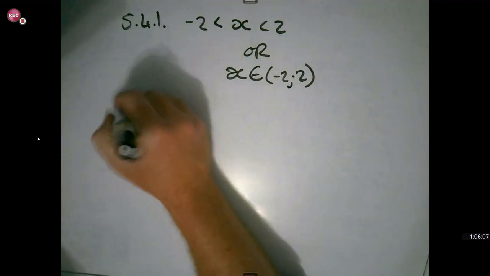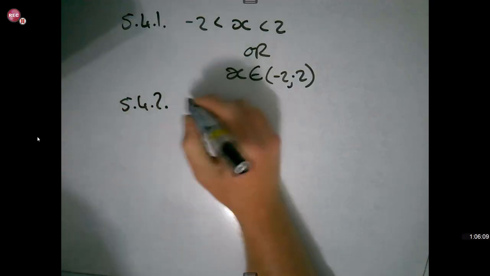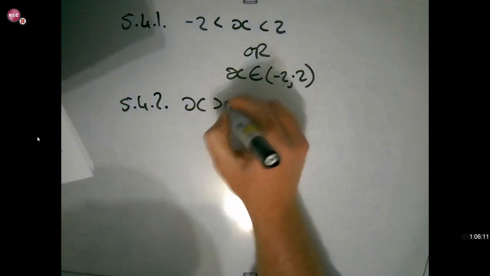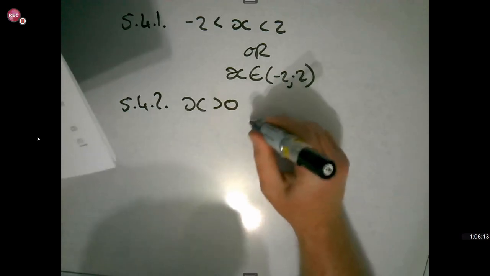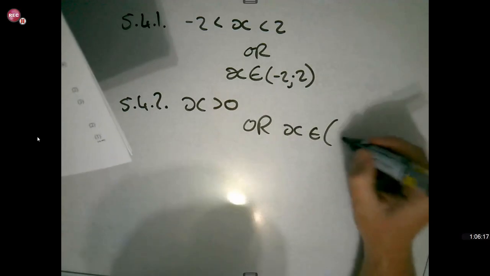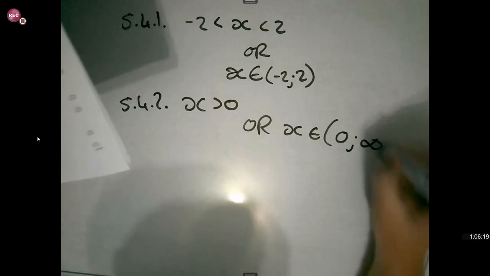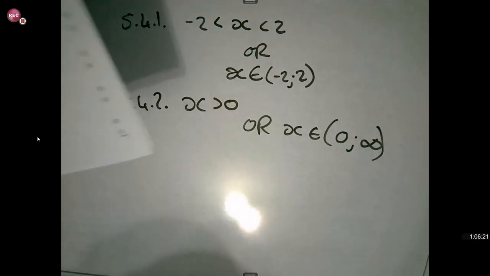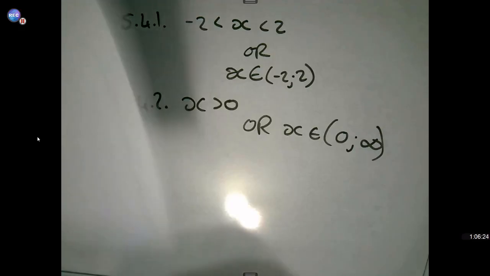So 5.4.2, you'd say x is greater than 0, which means you could also write it as x element, and you can say 0 to infinity is where f would be decreasing.